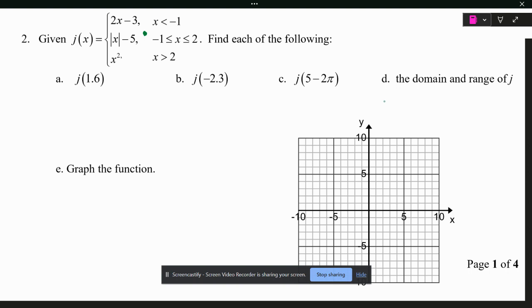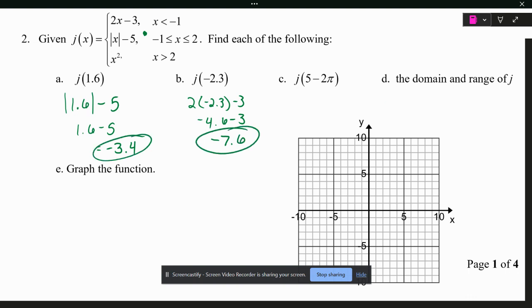This is the type of time in the video where you can always fast forward or rewind, whatever you prefer, in order to get to the solution. On letter C, if you want to round to 2 decimals in order to find out where that number lies, you can.